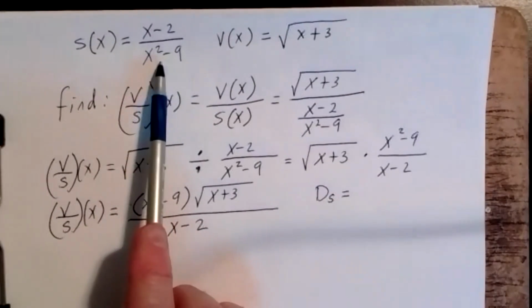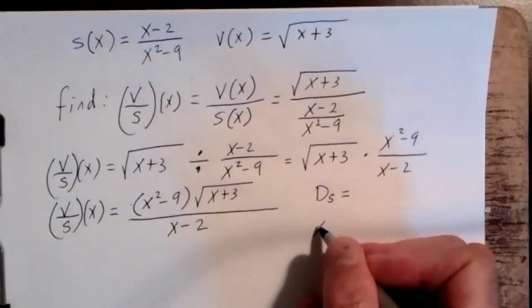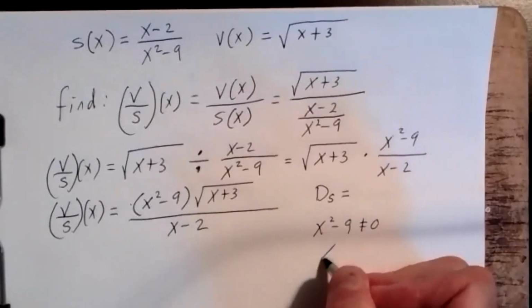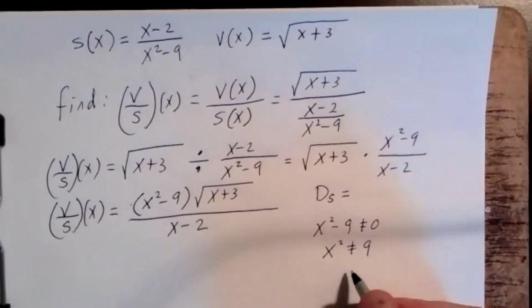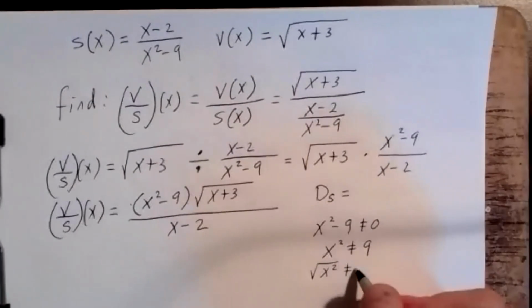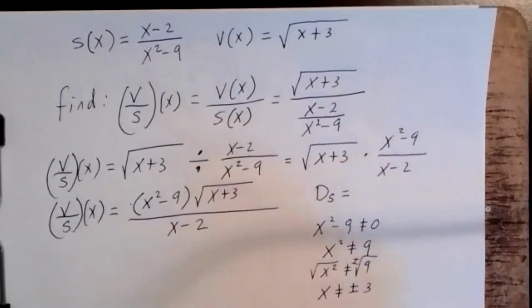So we have to insist that x squared minus 9 never be equal to 0. So x squared cannot be equal to 9, which, when you take the square root of both sides of this quadratic equation, says that x cannot be equal to positive or negative 3.